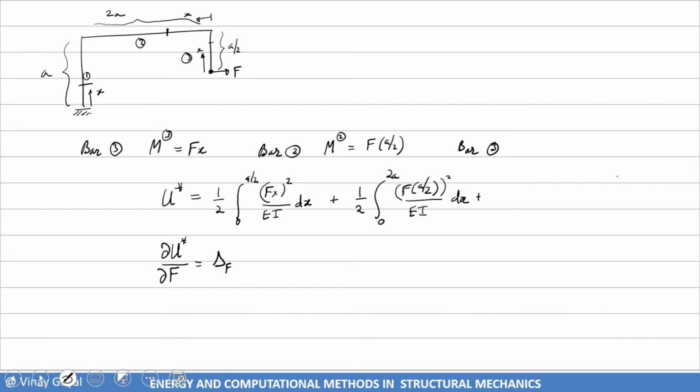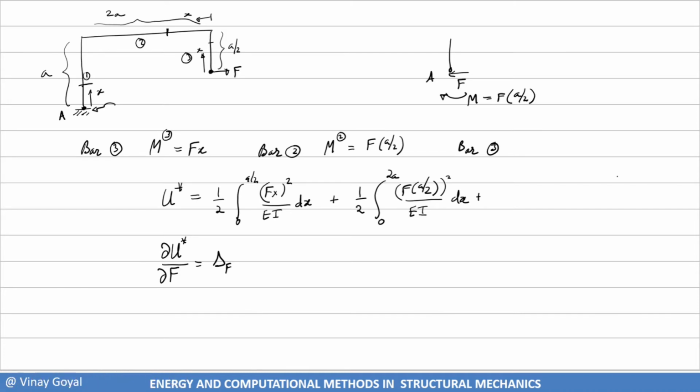So the first step is to find the reaction forces at this boundary at the bottom, at point A. The reaction forces are F going that way, and then you have a counter moment, and the moment is going to be F A over 2.